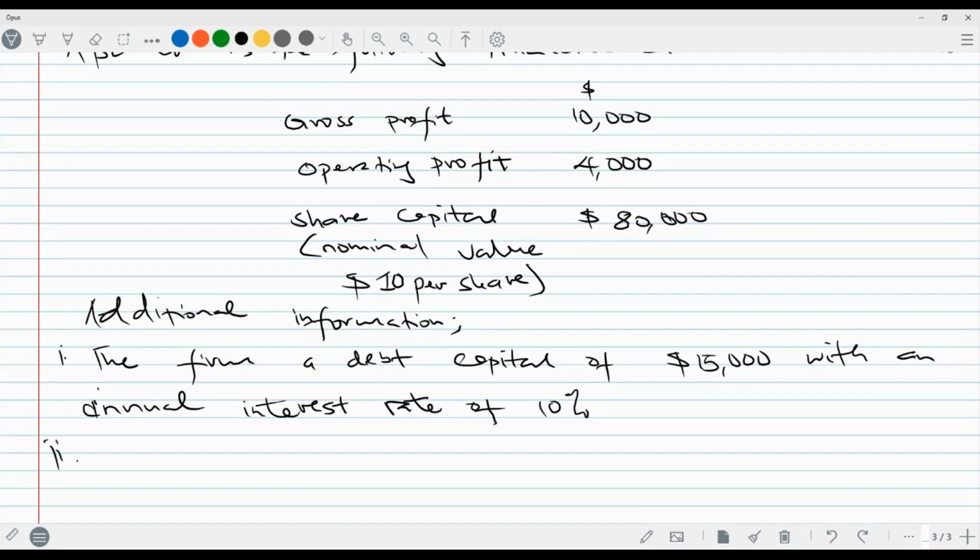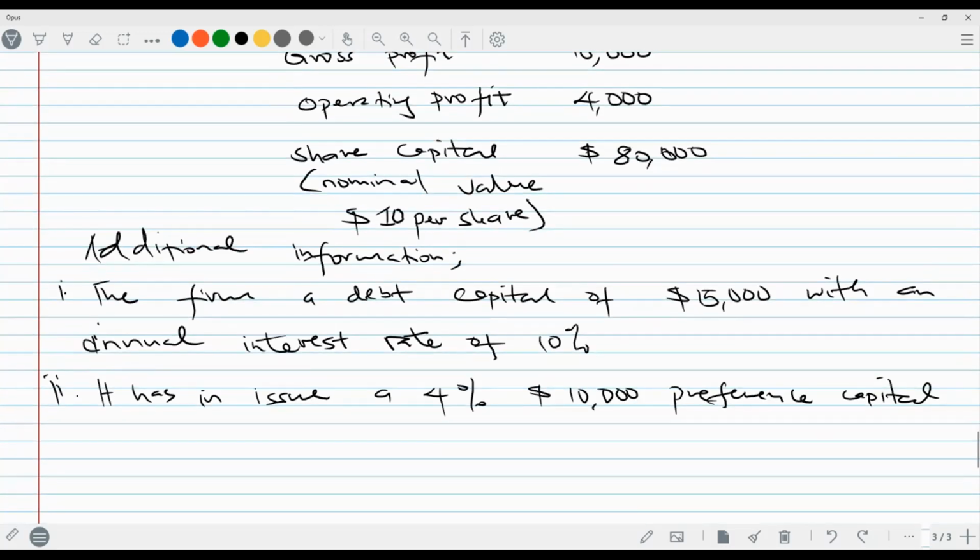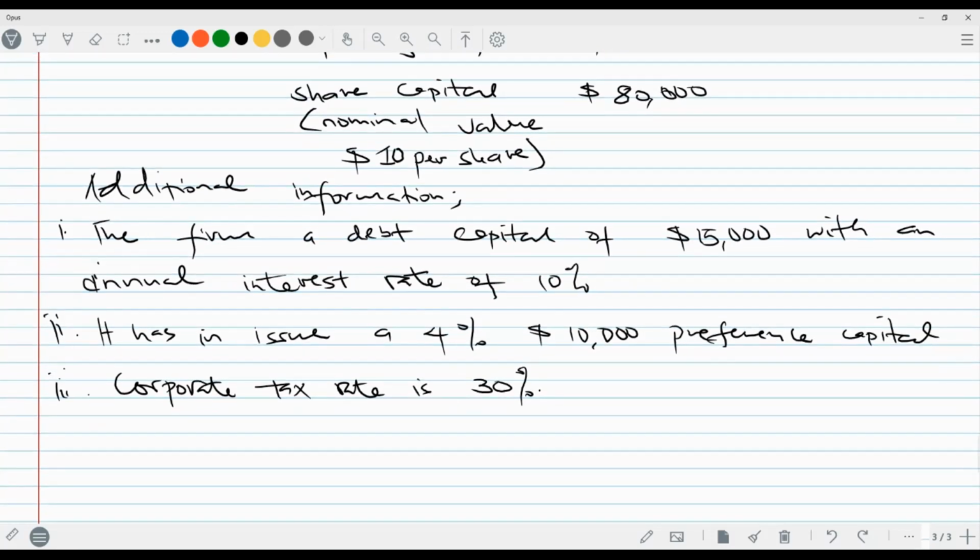It's nothing else. It has in issue $4 preference capital. The tax rate is 30%. Not 4.